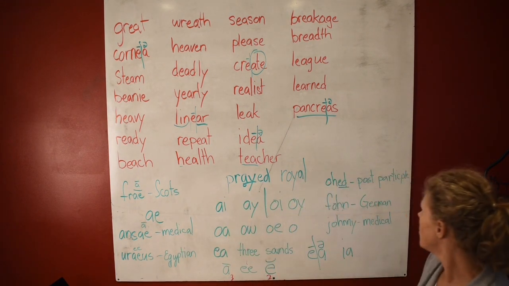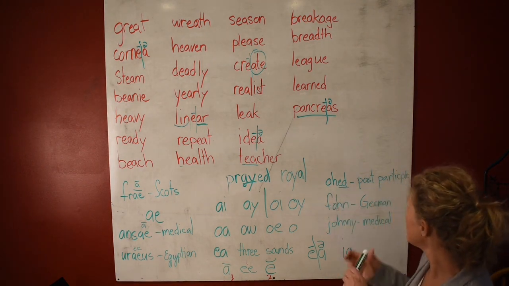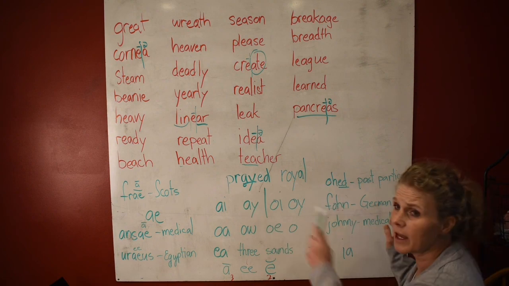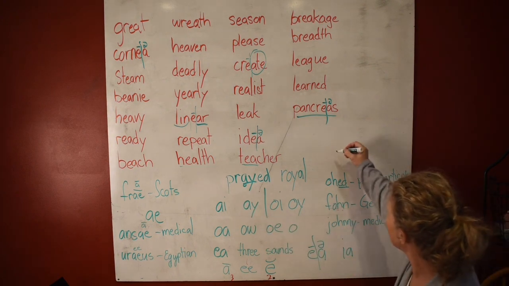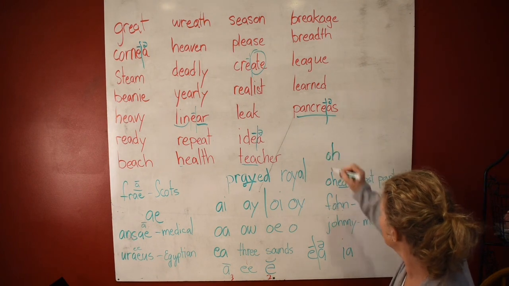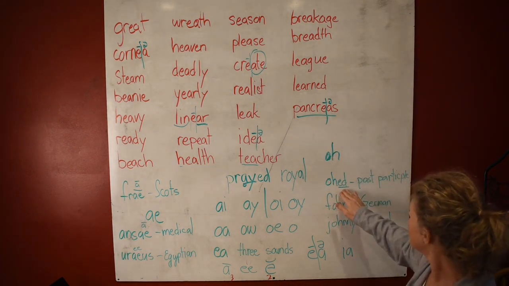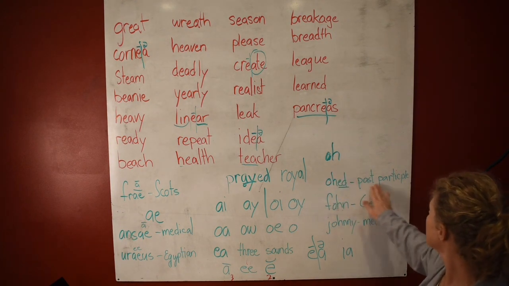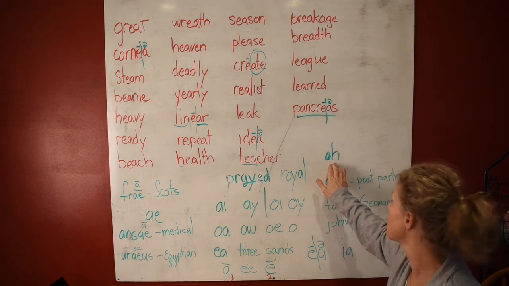Also, we have the OH. Well, this is the same kind of thing as the AE. OH, so we have OH. We have right here, it just says O. This is actually a word.